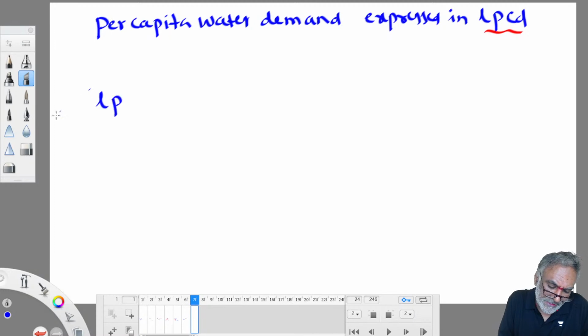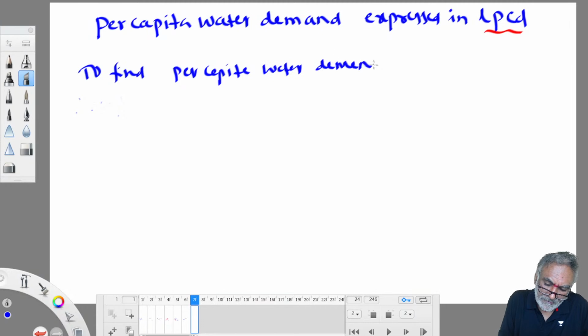So per capita water demand in LPCD is equal to, to work out per capita water demand, the following demands of a community are considered. To find per capita water demand, all types of water demands of a community are considered.